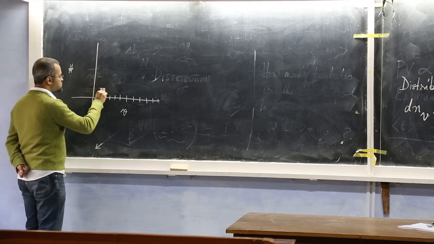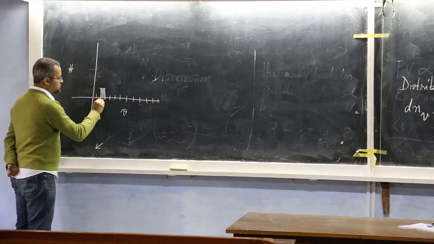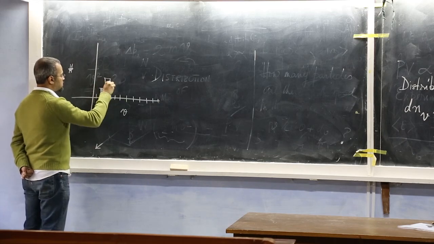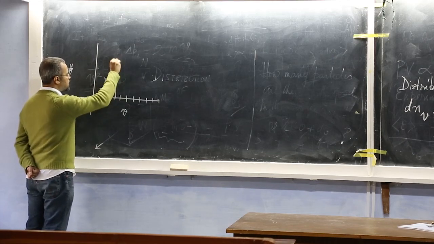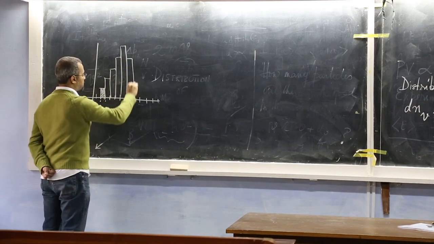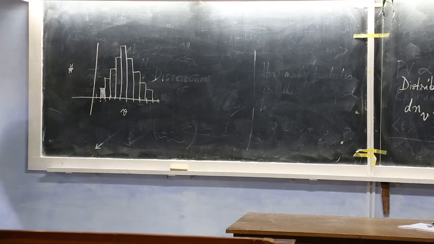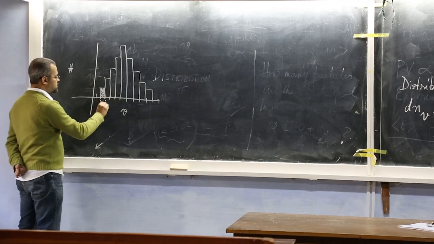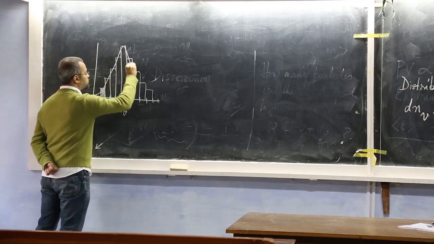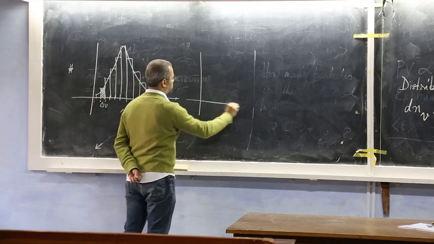The area of a histogram gives you the number of particles with speed between v and v plus dv, and in the limit of delta v tending to 0, you get a continuous function which we call the distribution function.